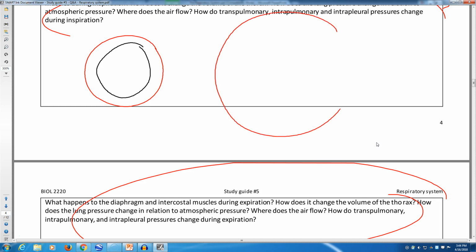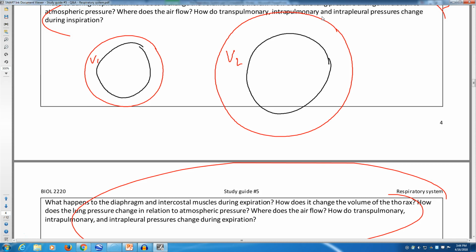I expand thoracic cavity. Lung expands as well. Now, what about the volume here? Which volume is bigger, V1 or V2? V2.